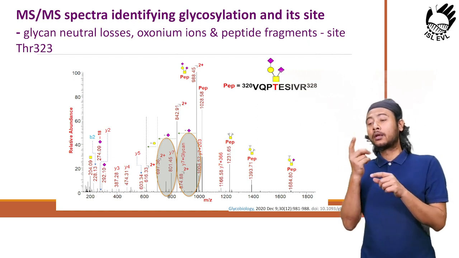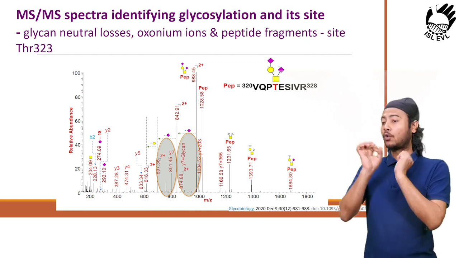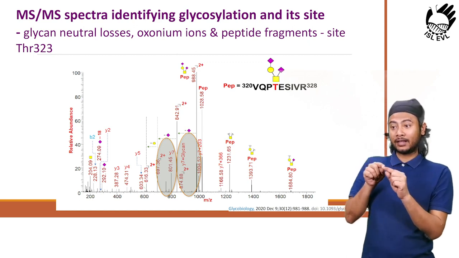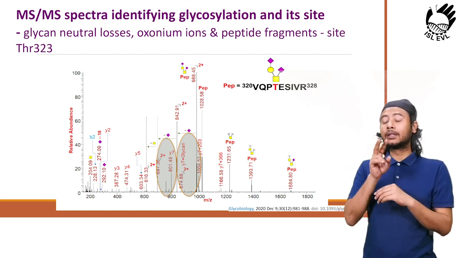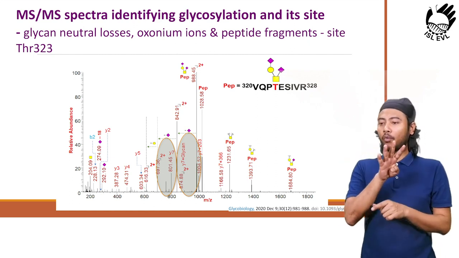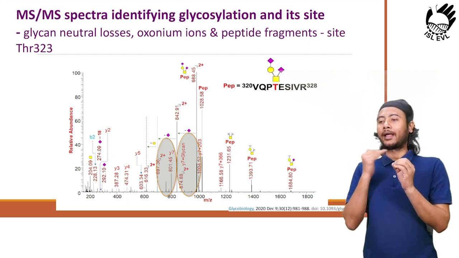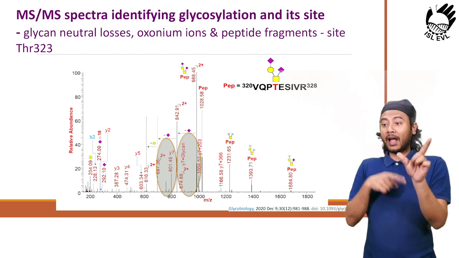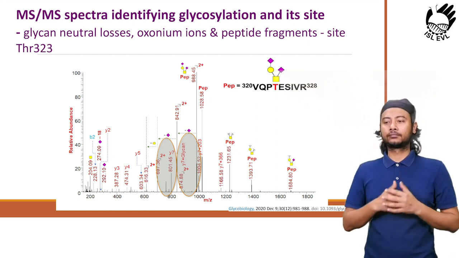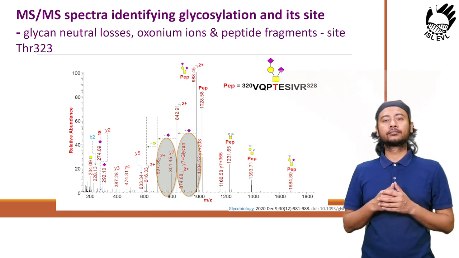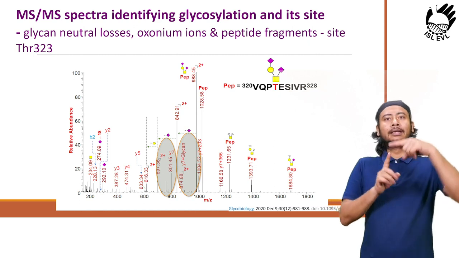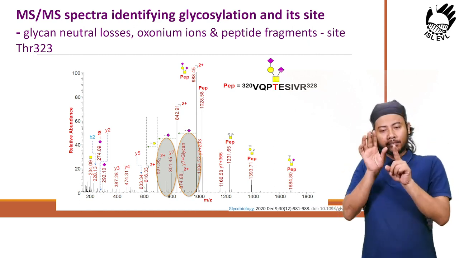So we did not observe a fragment of Y5 or Y4 with a glycan. That means Yn starts from this R328. We are not seeing any fragment of Y5 or Y4 with a glycan. We are seeing a fragment of Y7 with a glycan. So that indicates the possible presence of the glycosylation on this T.